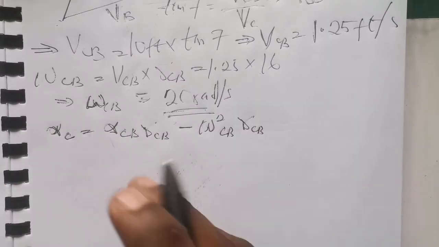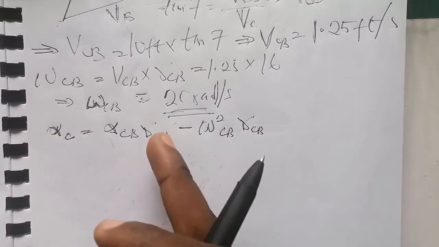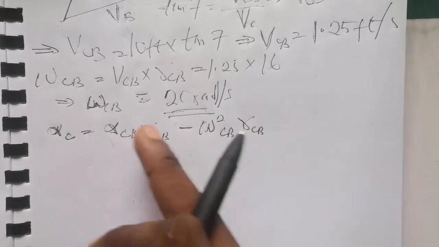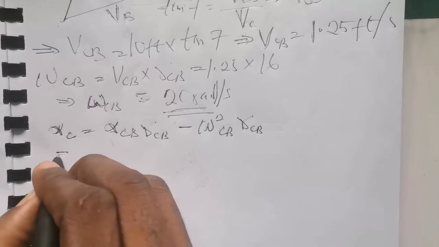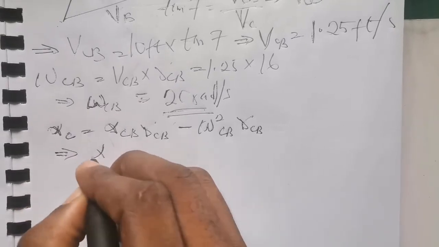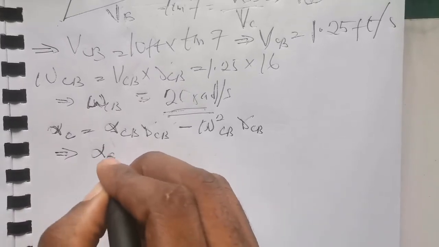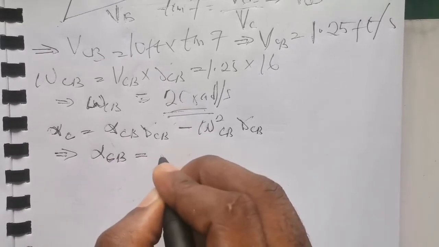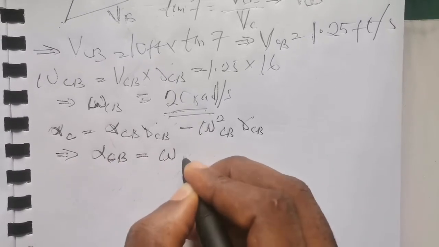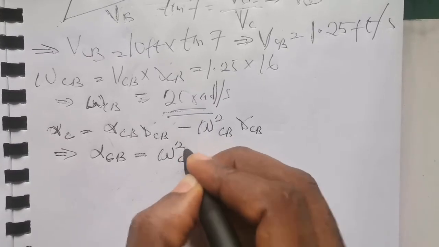If that's the case, the radius arms cancel out, and the angular acceleration of portion CB is simply the angular speed of portion CB all squared.